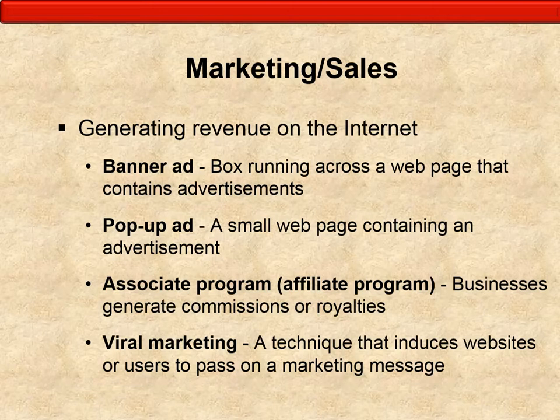It's basically like I'm renting billboard space online to that company to advertise for them. That's the concept there. Viral marketing is a technique that induces websites or users to pass on a marketing message. You all know what going viral means, and you have some concept of what marketing is, so put the two together and you have viral marketing.